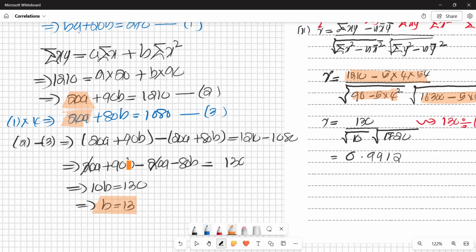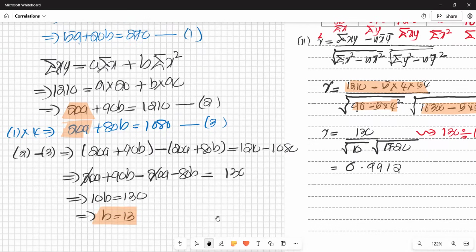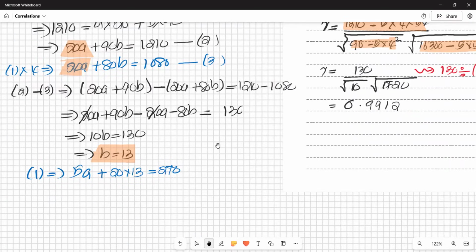This is the first variable, b equals 13. Now you can substitute that 13 into one of the equations. My feeling is the first equation is a little bit easier. From the first equation, 5a plus 20 into b, 13, equals 270. We put 13 here.